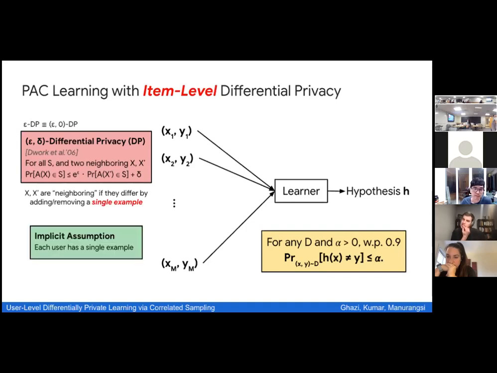But this assumption is somewhat unrealistic because we are assuming, at least implicitly, that a user has only a single example, or only a constant or small number of examples, because otherwise differential privacy wouldn't provide a very meaningful guarantee for a particular user.